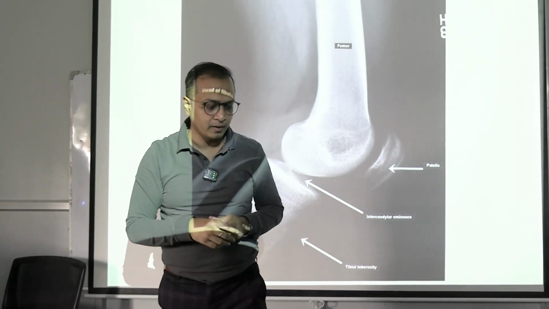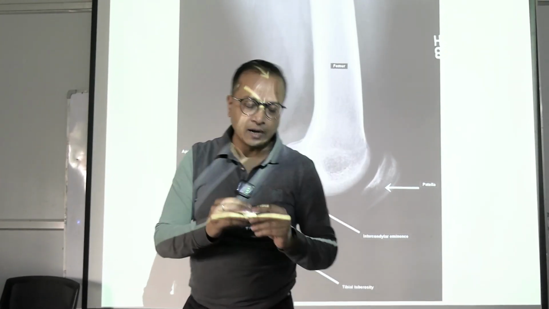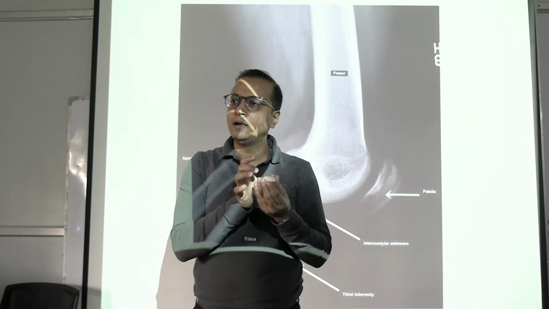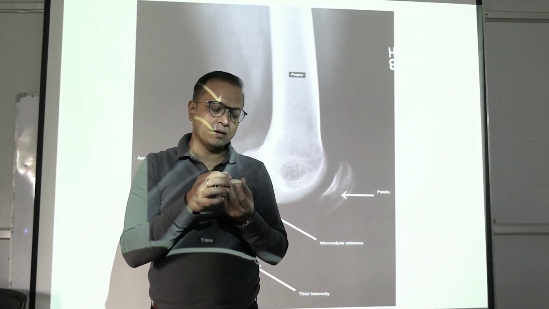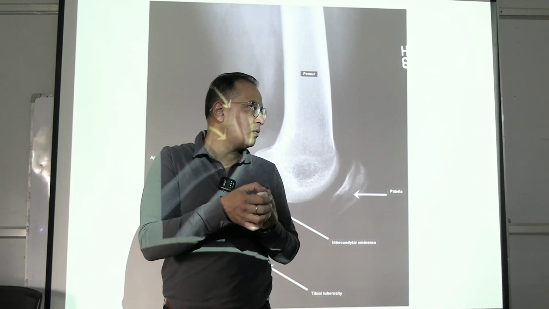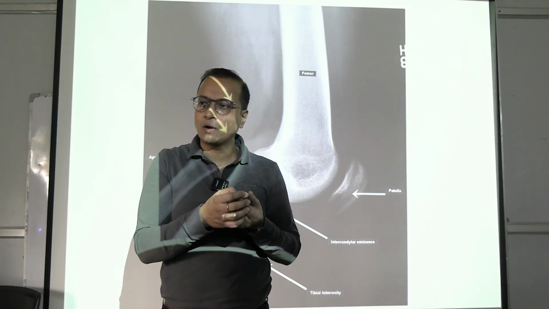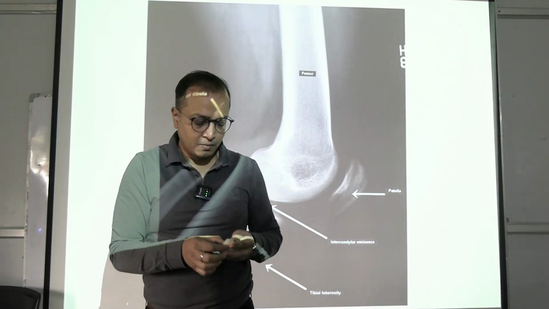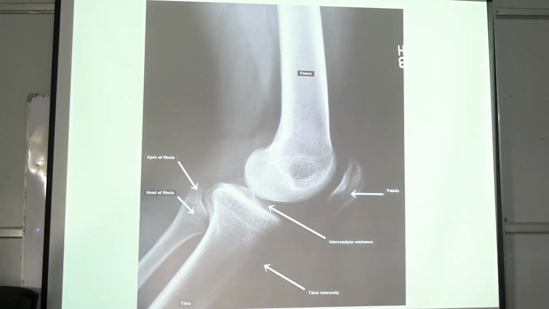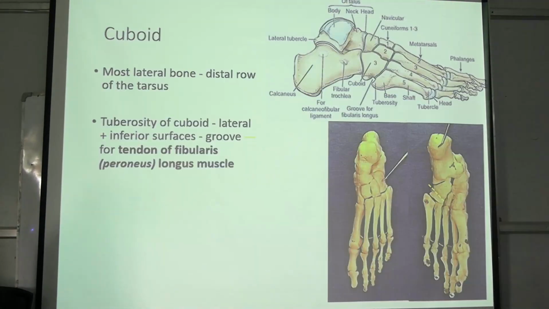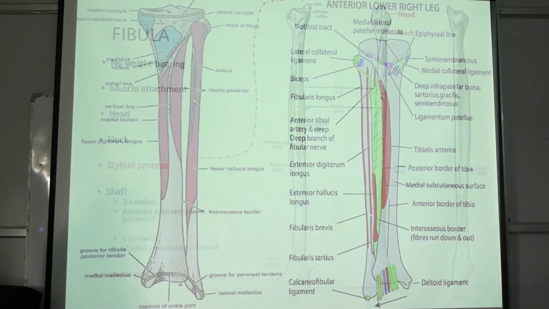After this blending, they make the quadriceps tendon. Then there is an extension of the quadriceps tendon, coming from the apex of this bone and ending on the tibial tuberosity. We call it the ligamentum patellae, or patellar ligament.